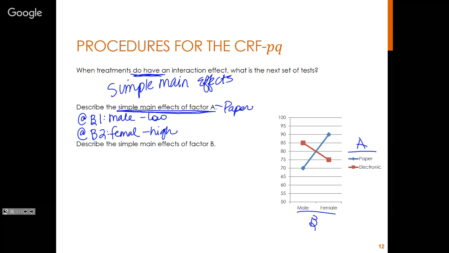And then to describe the simple main effect of factor B, it is electronic. So notice whenever you talked about the simple main effect of factor A, you talked about specifically within male and then specifically within female. So we would say male, let me finish this out.